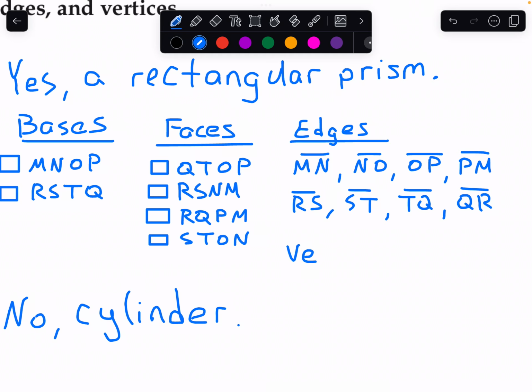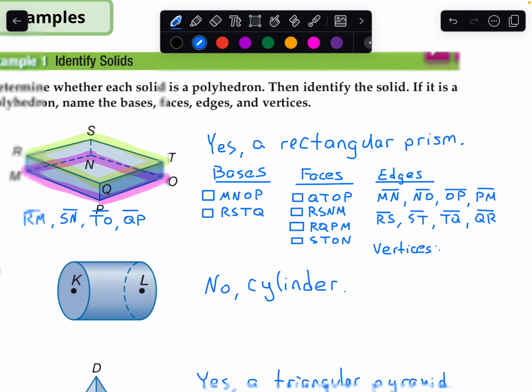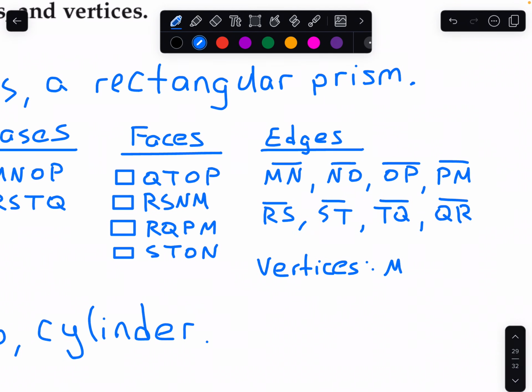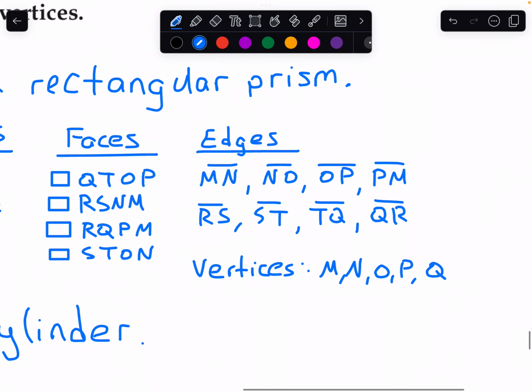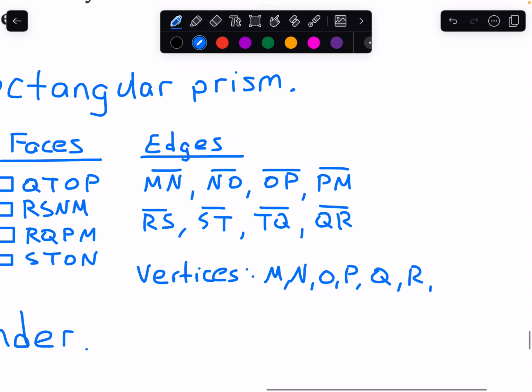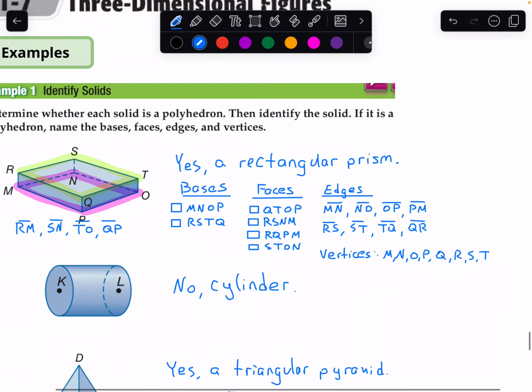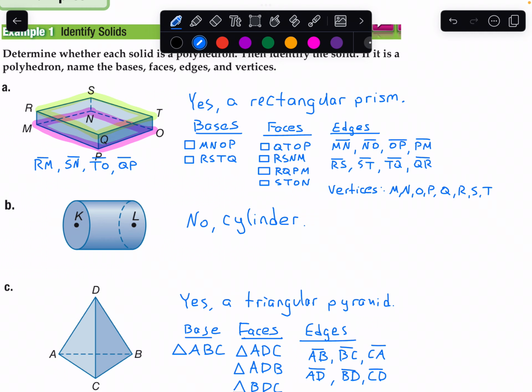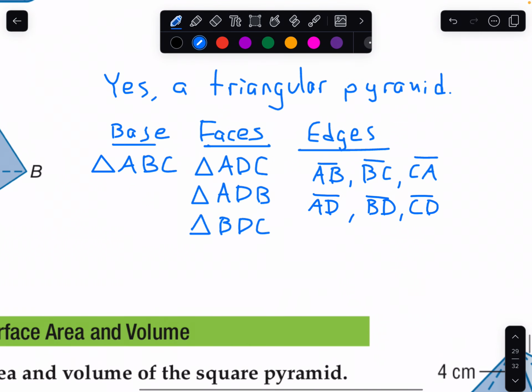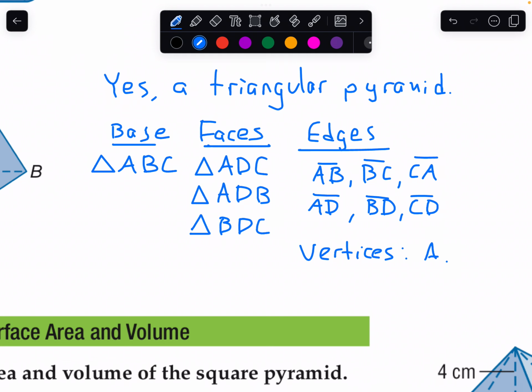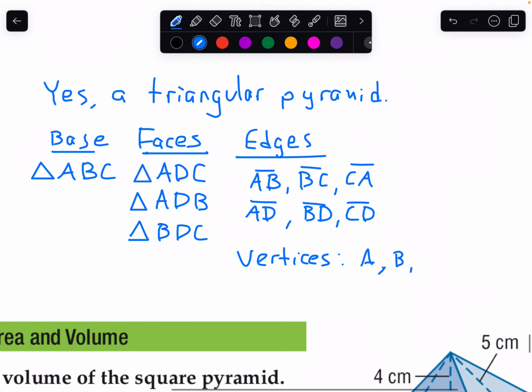Just realized that. Vertices. List all the letters. M, N, O, P, Q, R, S, T. Yeah, that's everything. Okay. And down here, vertices, we have A, B, C, and D.